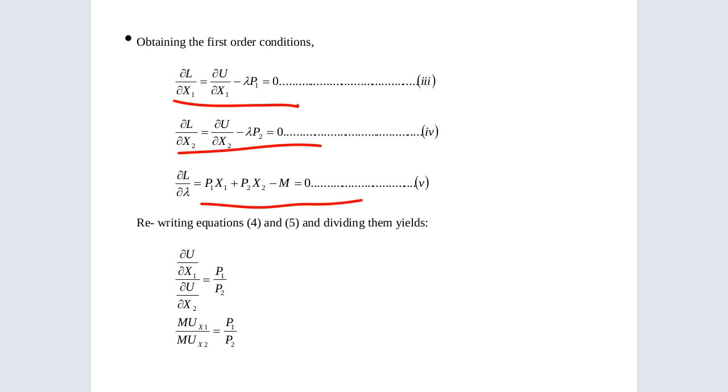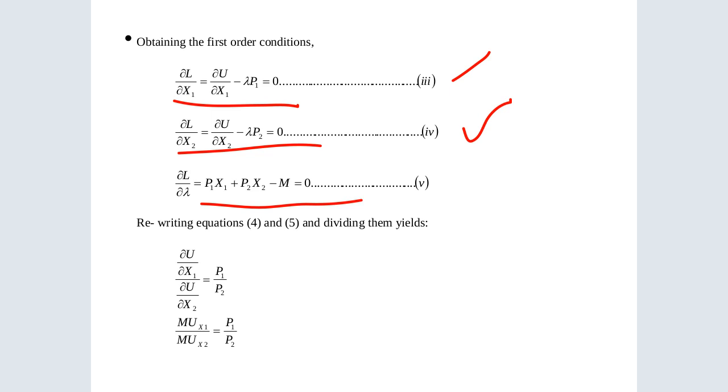Now the next step is to rewrite equations 4 and 5 and divide them. So if you divide these equations, you simply get the ratio. Divide this with this.